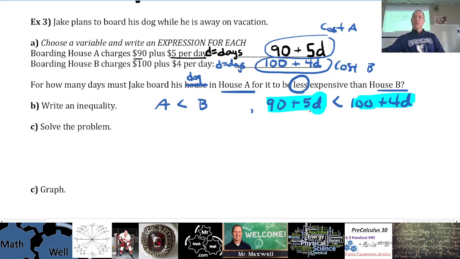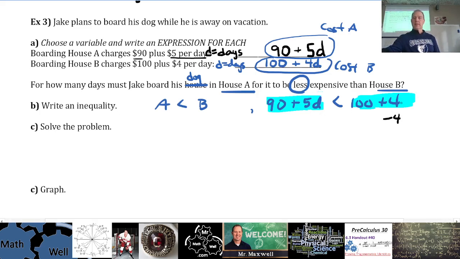Okay. So you notice that you have d's on both sides of the inequality sign there. So let's get all the d's together. What do you think? Let's get the d's together. So I'm going to subtract 4d from this side, guys, because I want to get all the d's together.